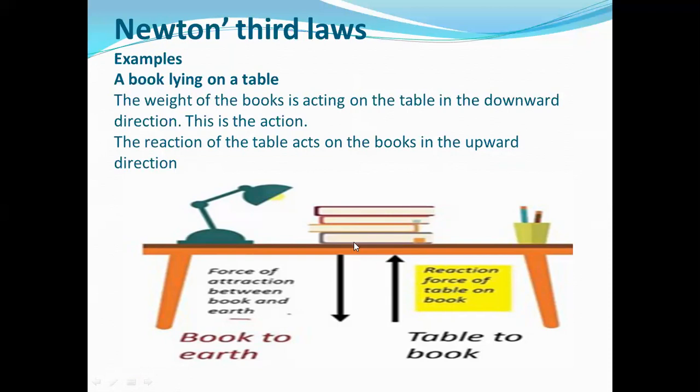Action is the force exerted by the book due to its weight in the downward direction. Reaction is the force exerted by the table on the book in the upward direction. These action and reaction have equal magnitude, but their directions are opposite according to Newton's third law of motion.